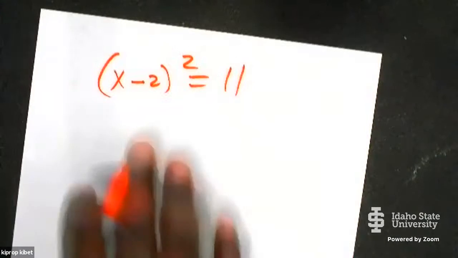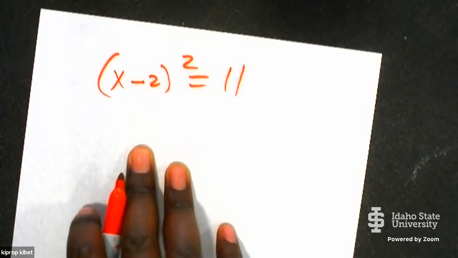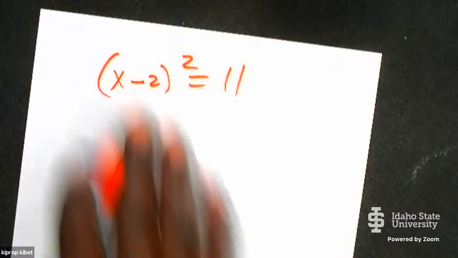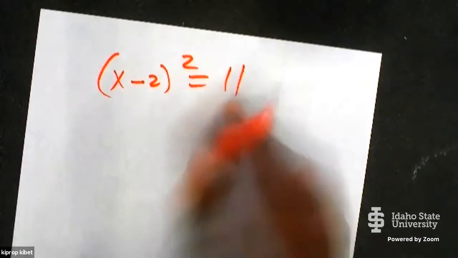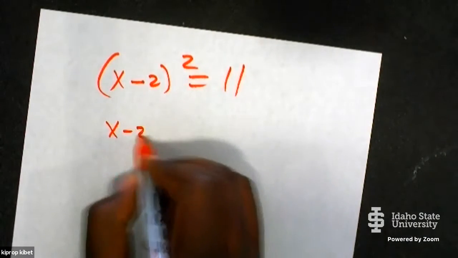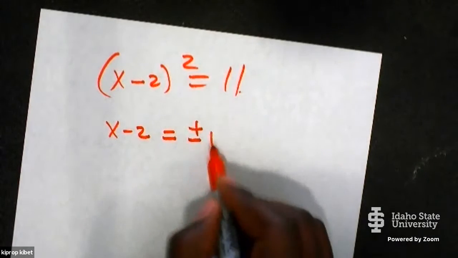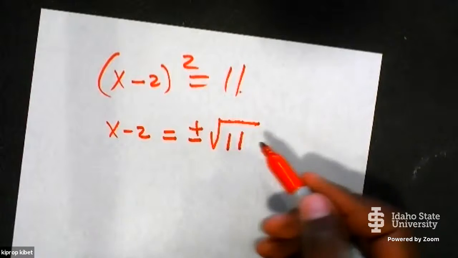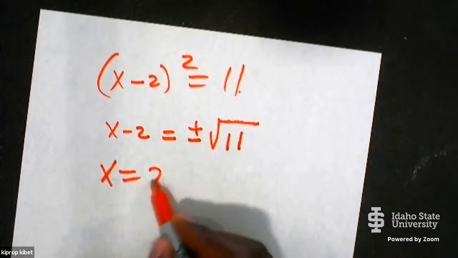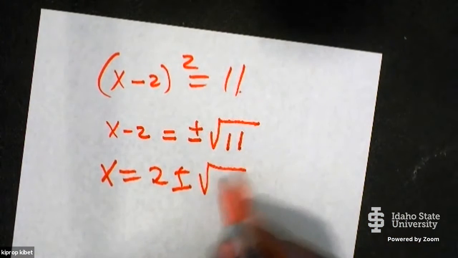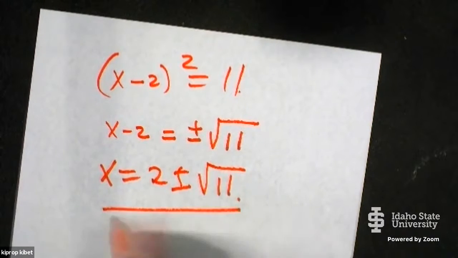So what do you do here? You get the what? The square root. So if you get the square root of this, then x minus 2 equals plus or minus the square root of 11. So our answer will be x equals 2 plus or minus the square root of 11.